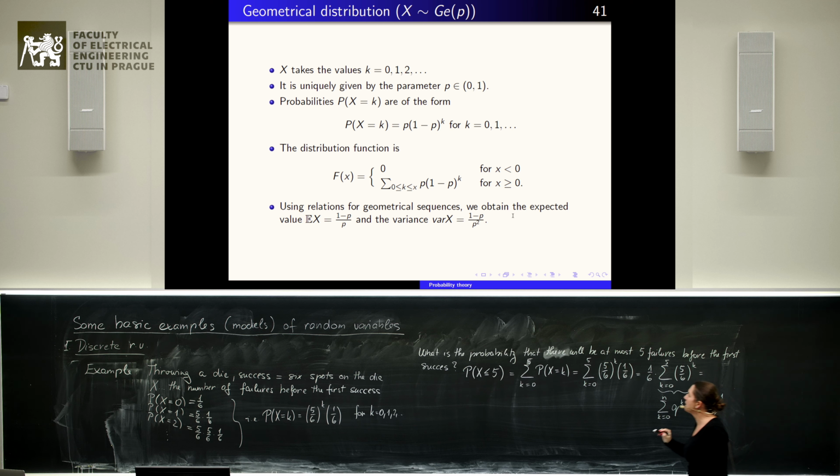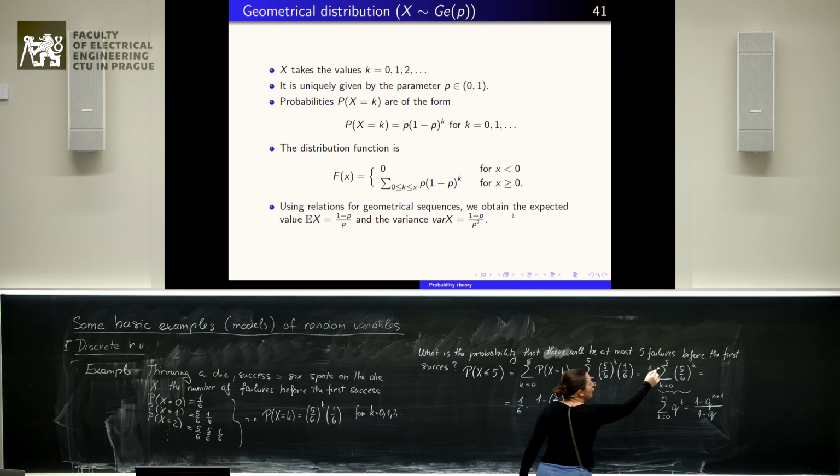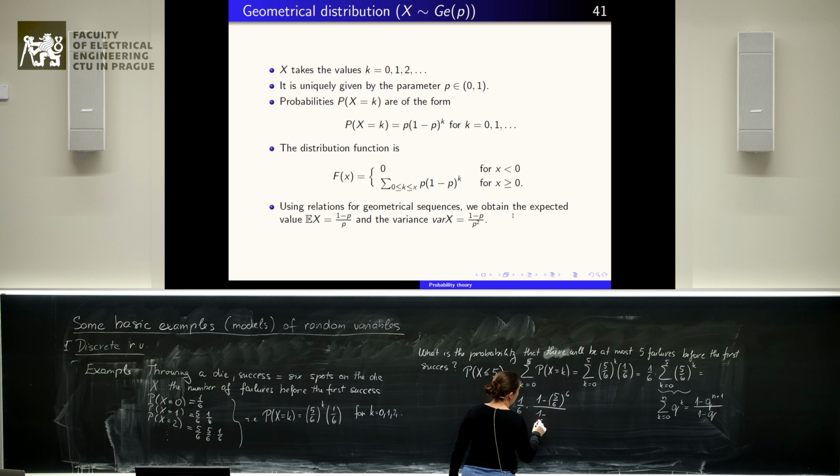So in our case, it is 1/6 times 1 minus 5/6 to the power 5 plus 1, which is 6, over 1 minus 5/6. 1 minus 5/6 is 1/6.